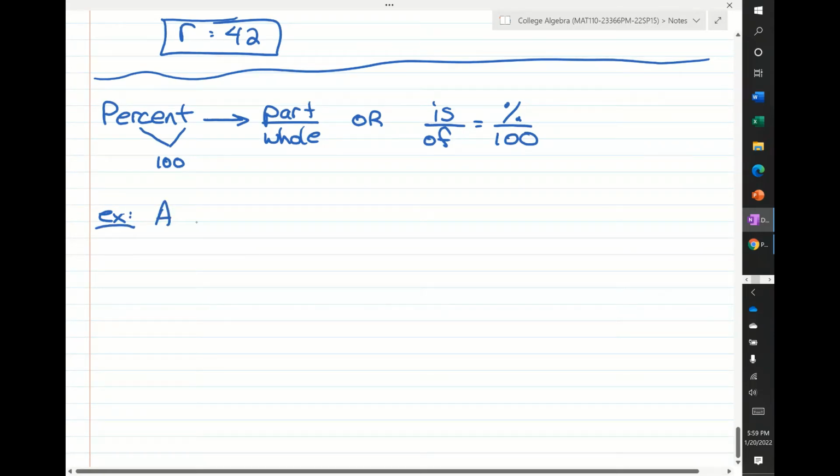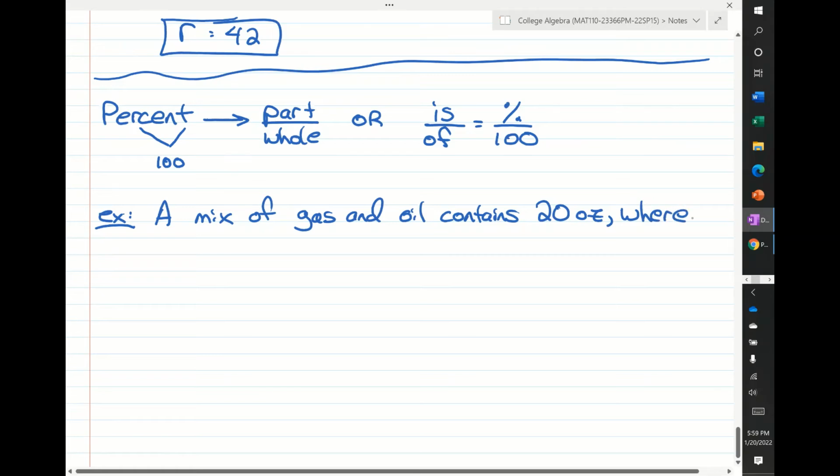Let's say a mixture of gas and oil contains 20 ounces, where 1 ounce is oil.